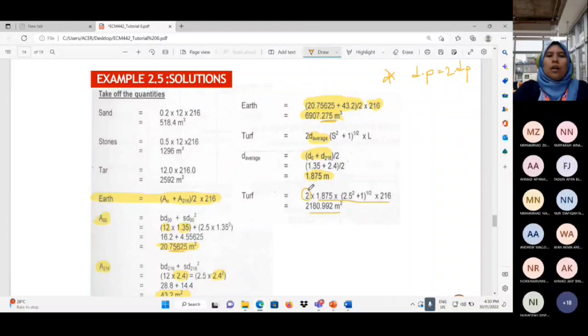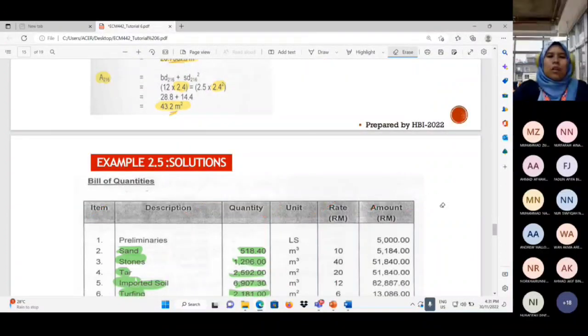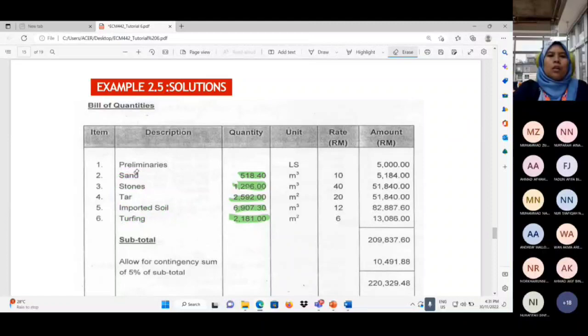So again, dua yang I cakap tadi sama ada kat depan ataupun you can use it at the back here. Yang penting you tahu dua tu represent apa. Okay, so that is the part of earth and also the turfing material. Kita dah kira dua materials tadi, tanah dan juga turf.